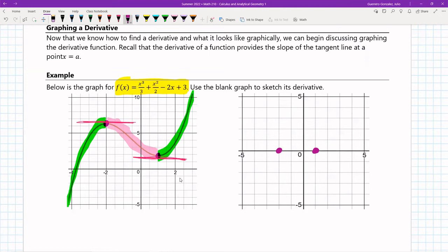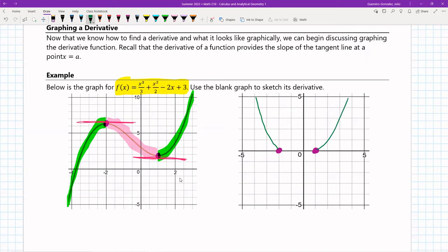Everything before -2 is increasing, which means my derivative is positive. My slopes of my tangent lines are positive. So therefore, all of these have to be positive. Okay. And then likewise, from 1 on, those are also positive.